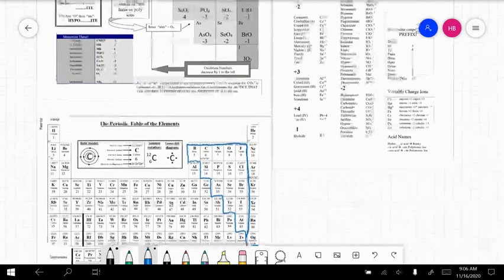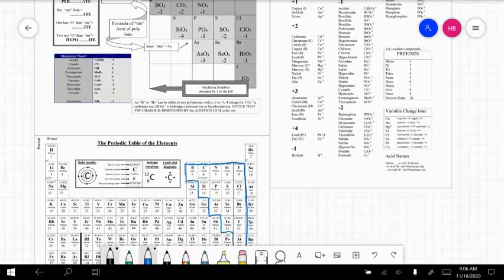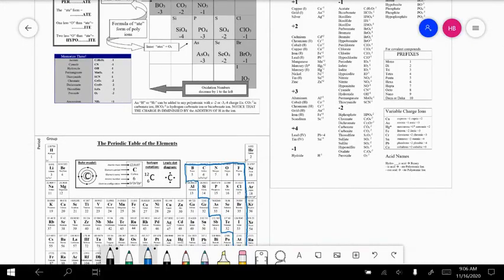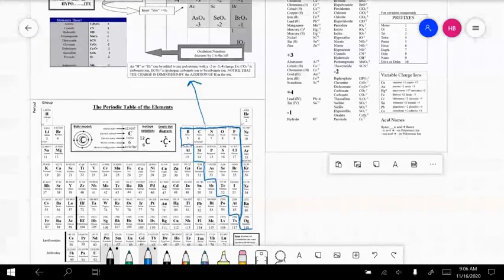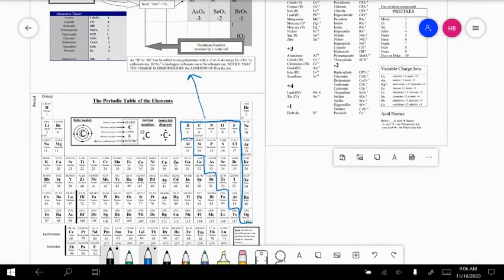So this is our ins and outs chart right here. Remember, I didn't include the noble gases because they do not bond.